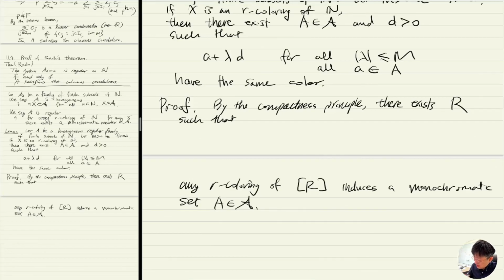Anyway, so there's some positive integer such that whenever we color the integers from 1 up to R by finitely many colors, you have a monochromatic member. That's because A is regular. Now let chi be an r-coloring of N.